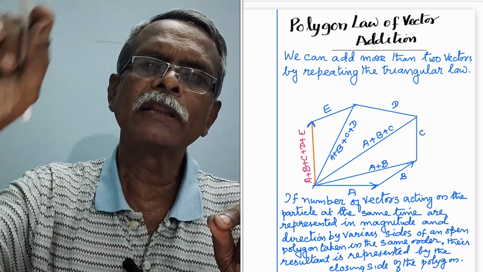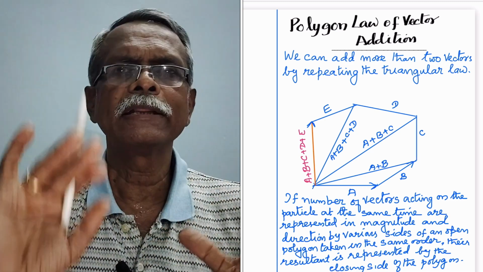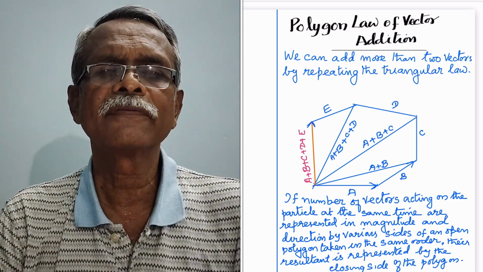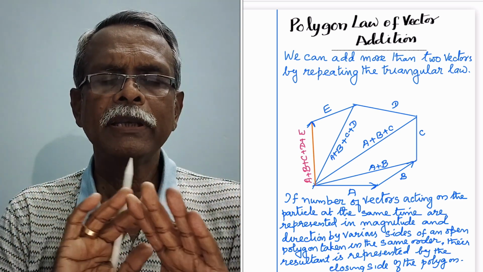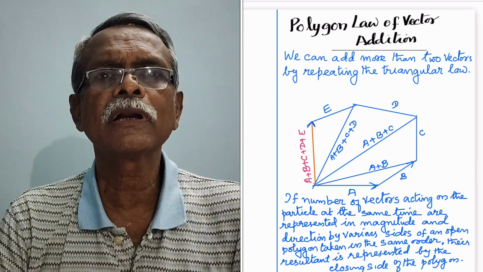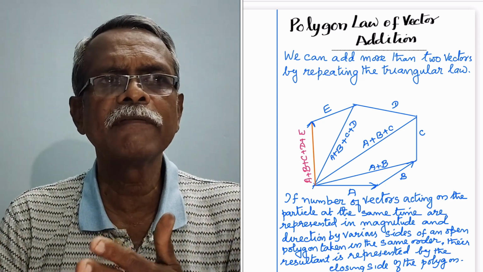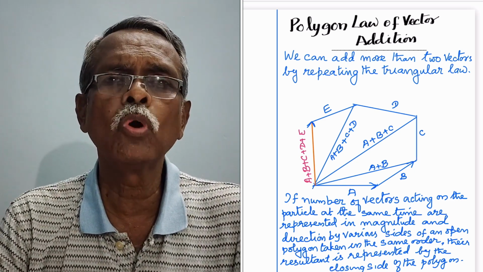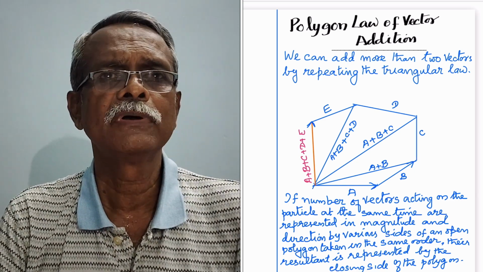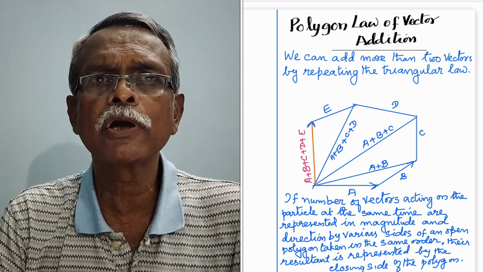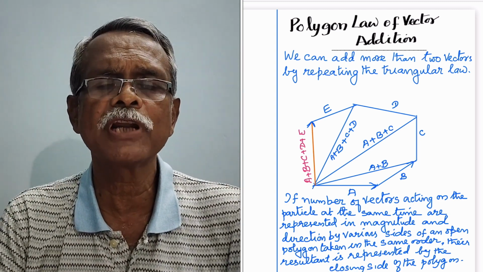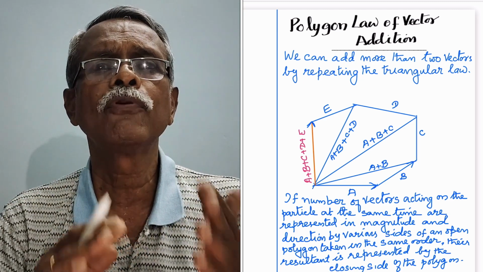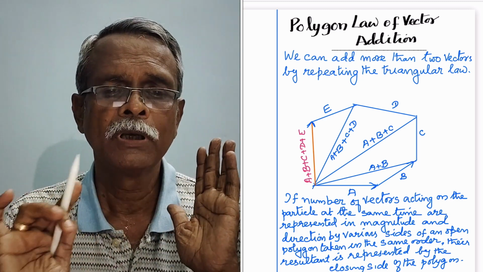Then that sum and the fourth vector and add them, like that. You repeat that process and finally you will get the resultant. Therefore, it is actually a procedure for adding several vectors as a single stroke, but that is only an extension of triangular law for adding two vectors.